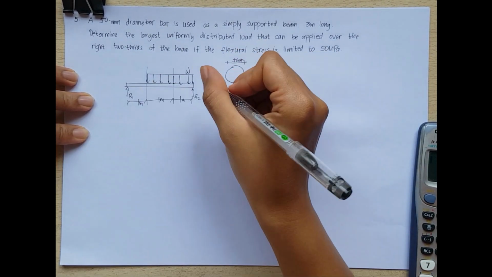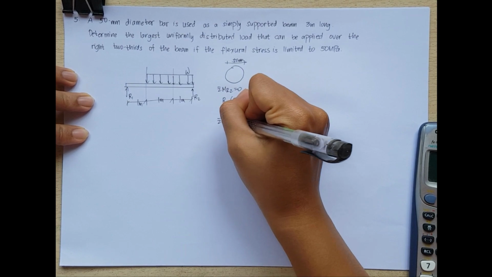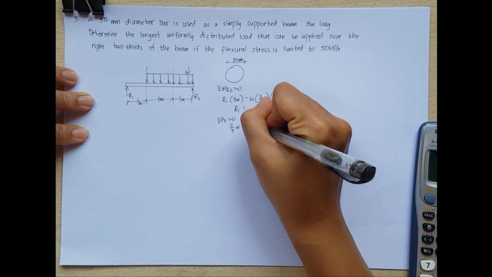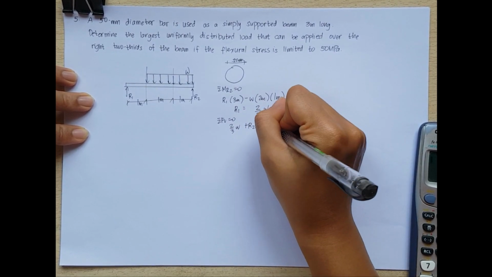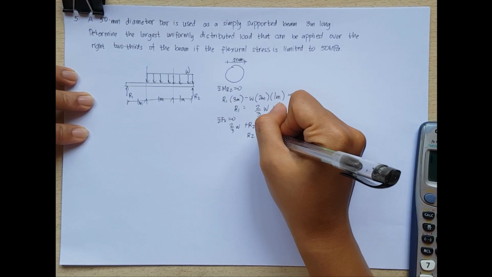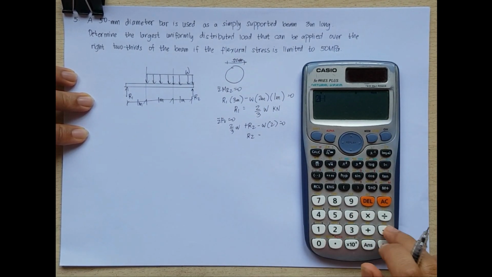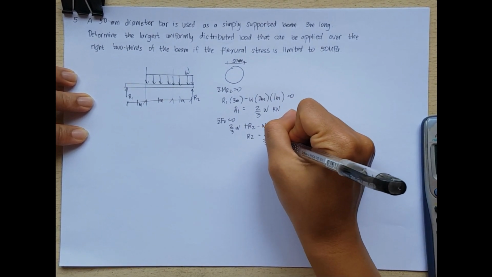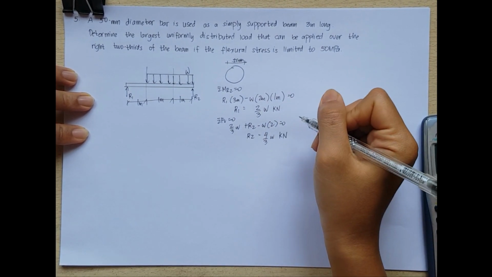And then taking the summation of forces vertical is equal to 0, so we have 2/3 of W plus R2 minus W multiplied by 2 is equal to 0. Therefore, R2 is equal to 2 minus 2/3. So 4/3 of W kilonewton.